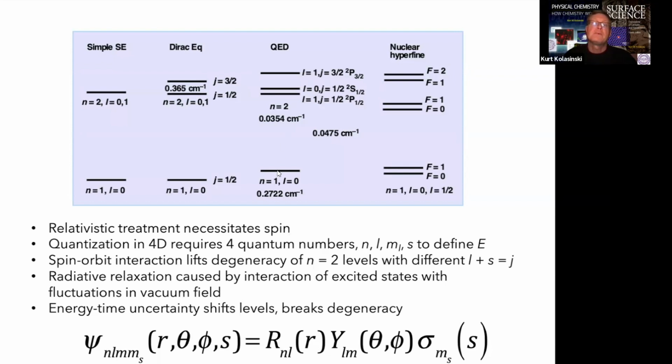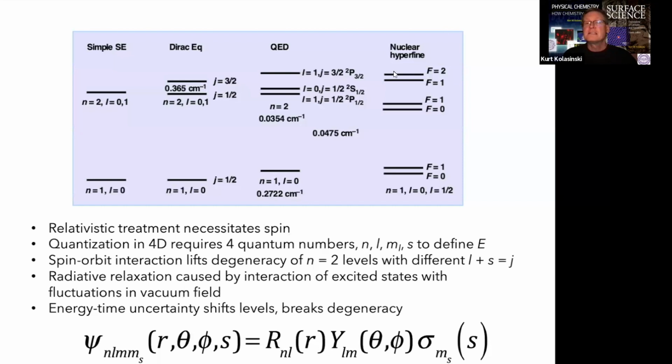These two levels couple differently to the ground state, and therefore they have different lifetimes. If they have different lifetimes, then the energy-time uncertainty relationship shifts those levels just ever so slightly and breaks the degeneracy between them. So it turns out this splitting is related to the structure of the universe.